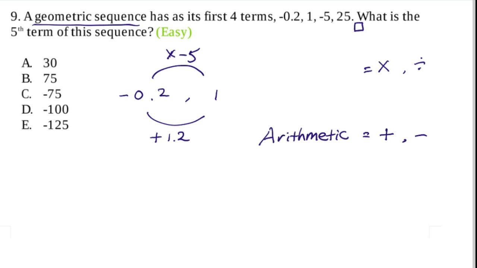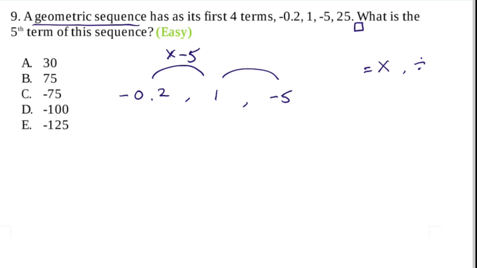That will not matter. So we think the pattern is multiplying by negative 5. We can check this by looking at the third term, which is negative 5. If we multiply 1 by negative 5, we get negative 5. So that works. And for the fourth term, which is 25, if we multiply negative 5 by negative 5, we get 25.